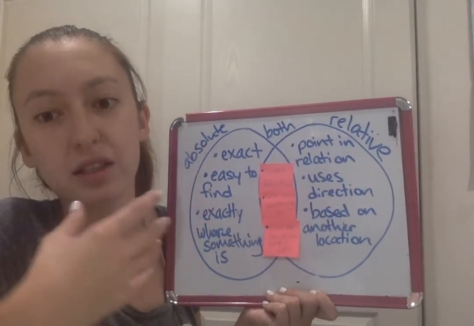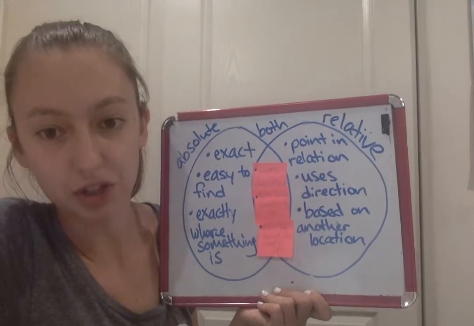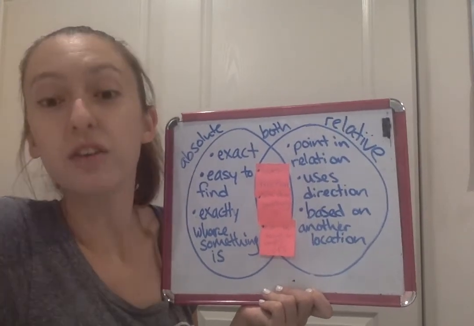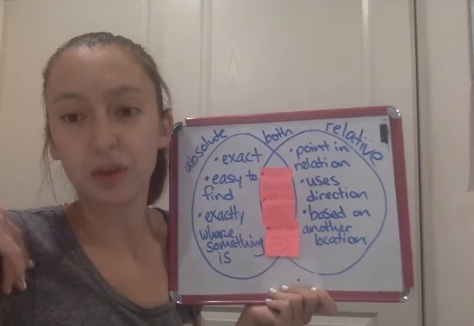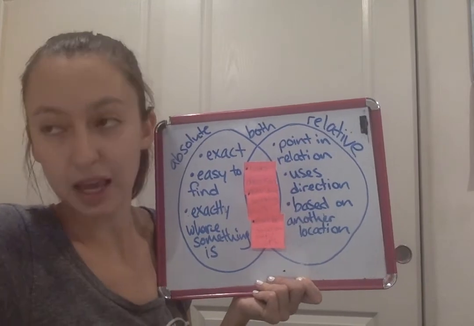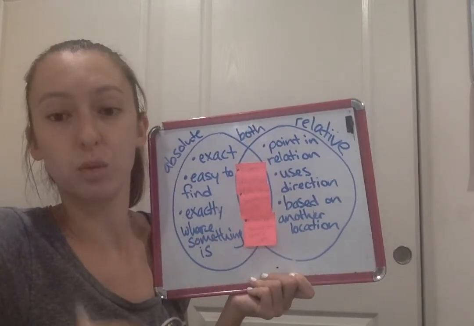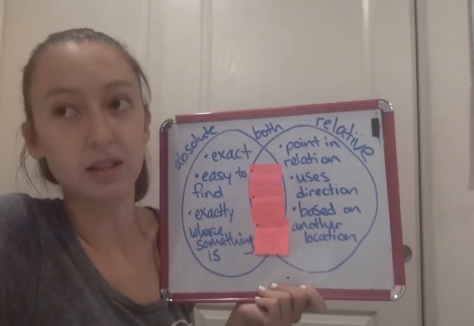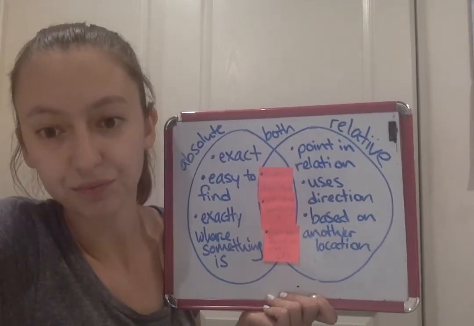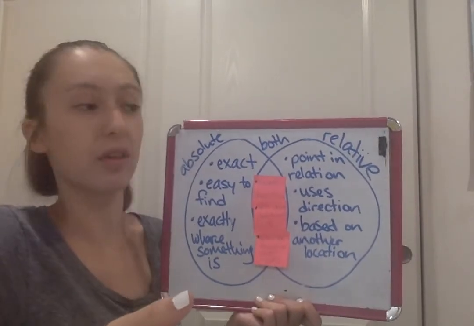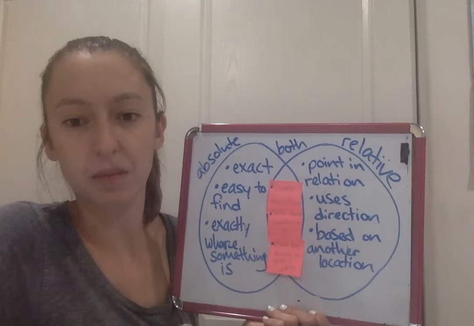So what have you guys learned about these types of locations? Okay, good. So you learn the absolute and relative location. They're basically the same in the purpose, right? In what they do and what they're known as. They're known as a location. And they both give us direction and tell us where something is, right?